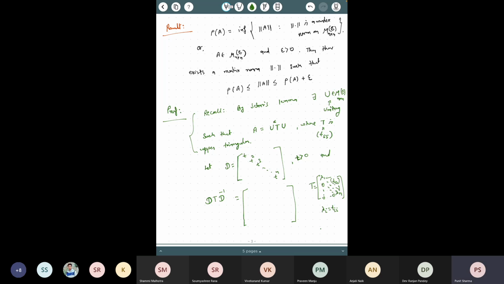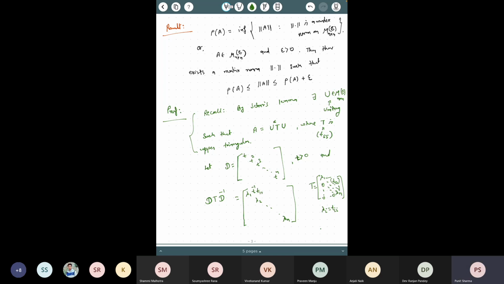So what would be D T D inverse? It would be lambda1, lambda2, and so on up to lambda n. Then the 1 2 entry would be t inverse T12. It's simple multiplication. You just look at D T D inverse.